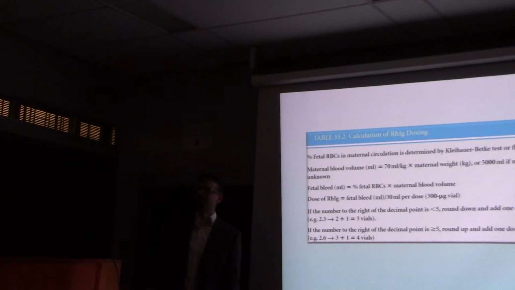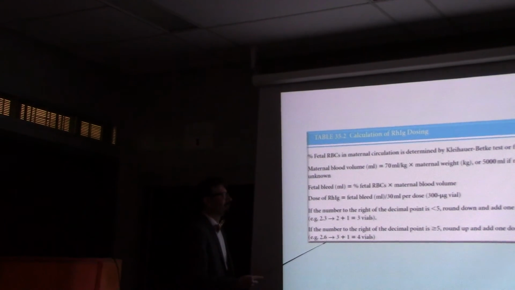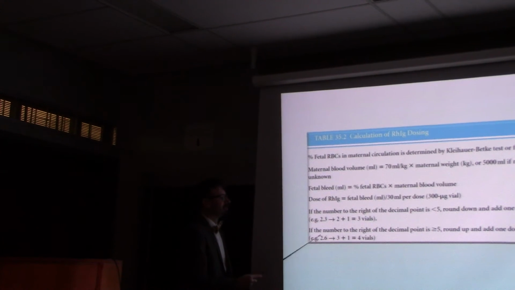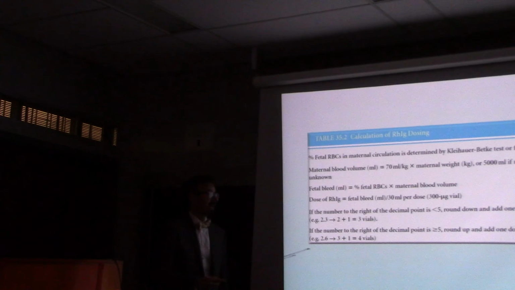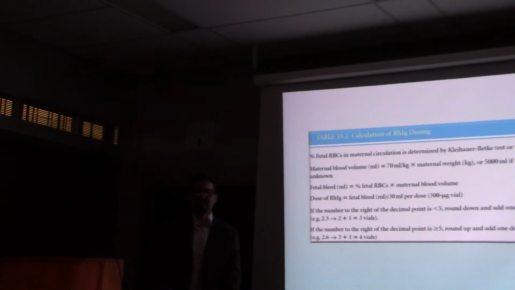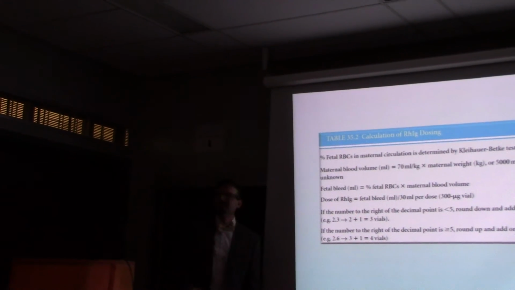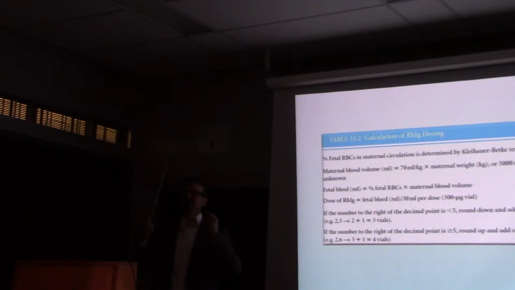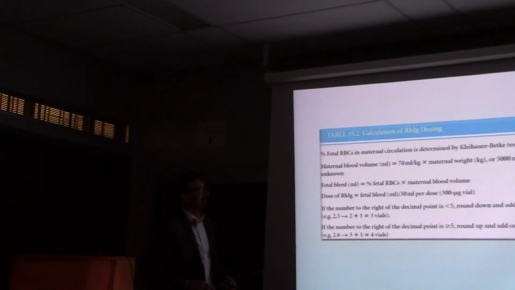Isn't that not logical? So if it's greater than 0.5, so 2.6, 2.6 is greater than 2.5, you have to round up to 3. Then add another one. So 4 vials. You have to twist your head a little bit for that, but that's not that bad.